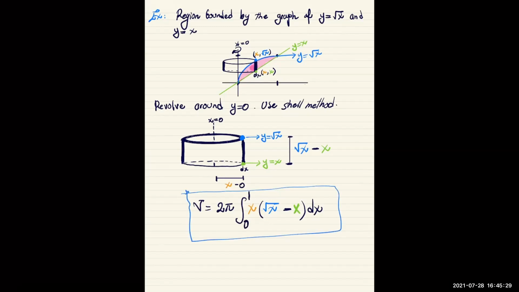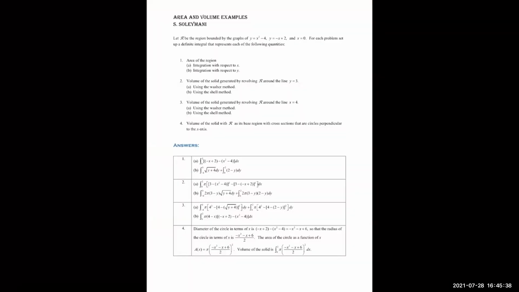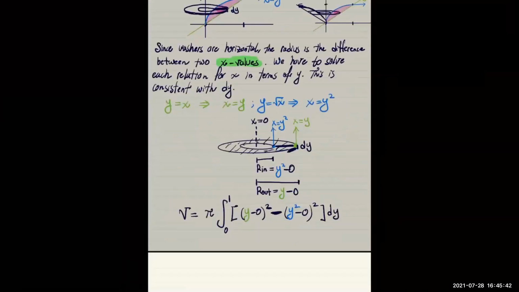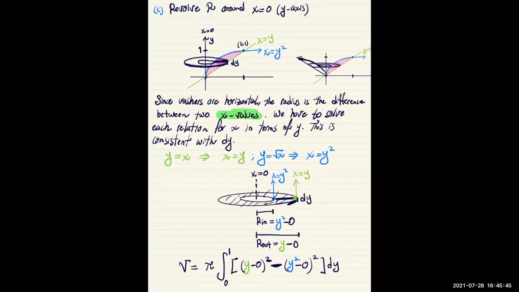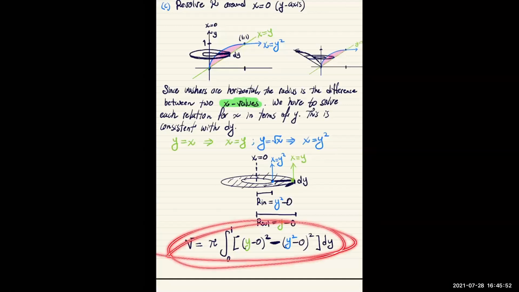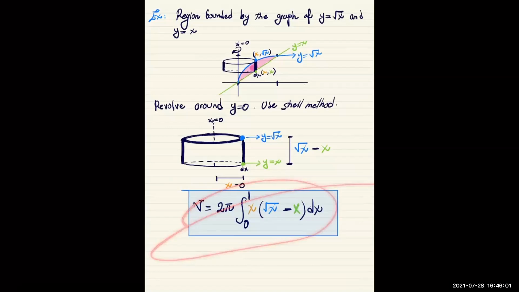So you be the judge of that. Which integral is easier to evaluate? This one, or let me see, going back. So, same problem that we did using the shell method right here. I don't know, both integrals look equally bad. So this is the volume when you want to do the dy washer method. And this is the volume using the shell method.